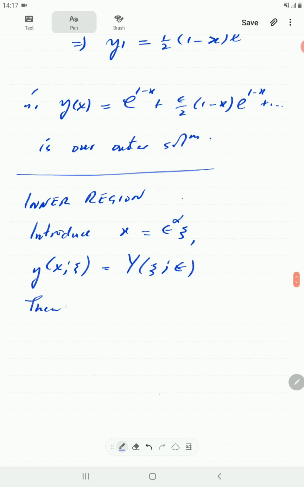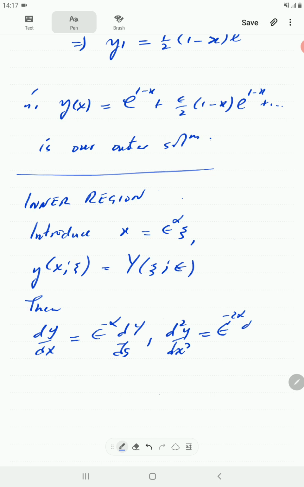The derivatives are going to look as follows. We've already seen that the first order derivative looks like this. The second order derivative follows suit, so that's going to be epsilon to the power minus 2 alpha times the second order derivative.